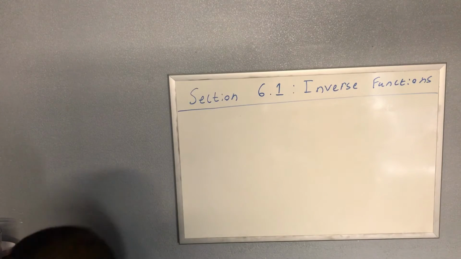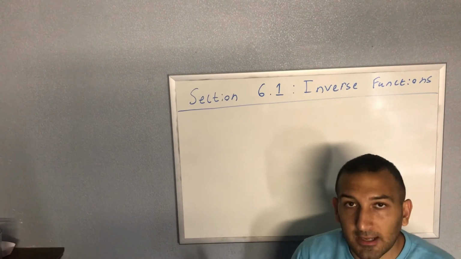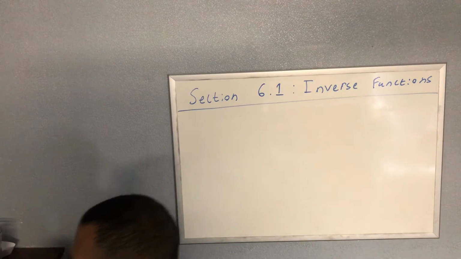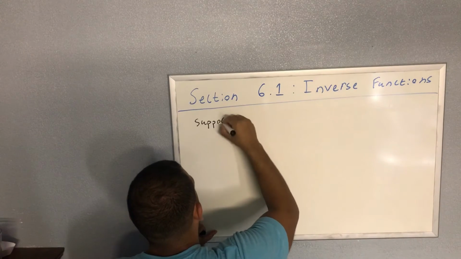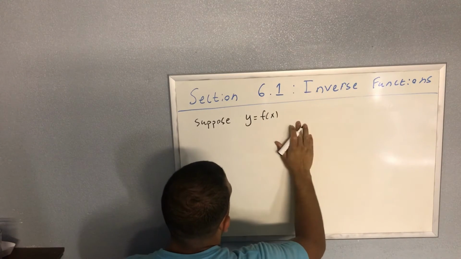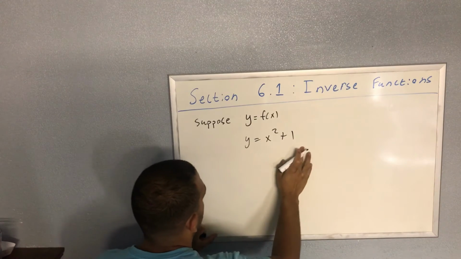Okay, so now in some cases we can actually find an explicit formula for the inverse function. So this is the idea. Suppose y equals f of x. So you know what f of x is. For example, y equals x squared plus 1. That's f of x.